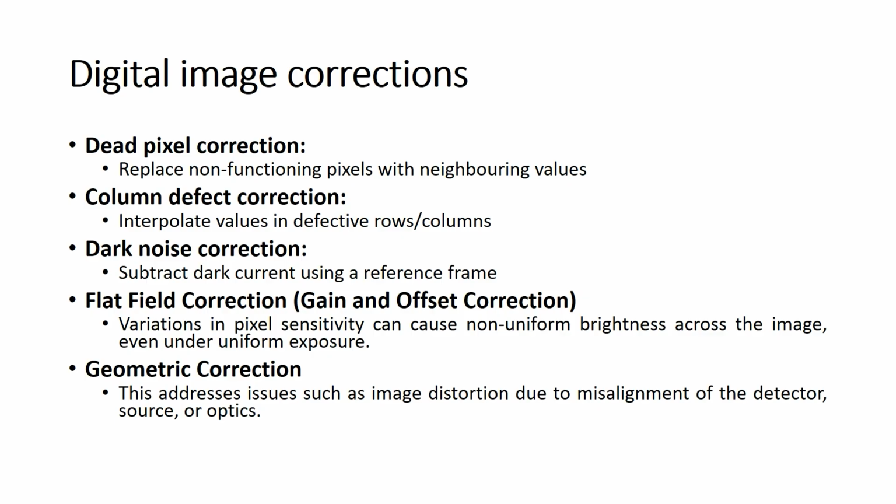It replaces a non-functioning pixel with the neighboring value. Another type of defect is column defect correction. It interpolates values in the defective rows or columns. Dark noise correction subtracts the dark current using a reference frame.